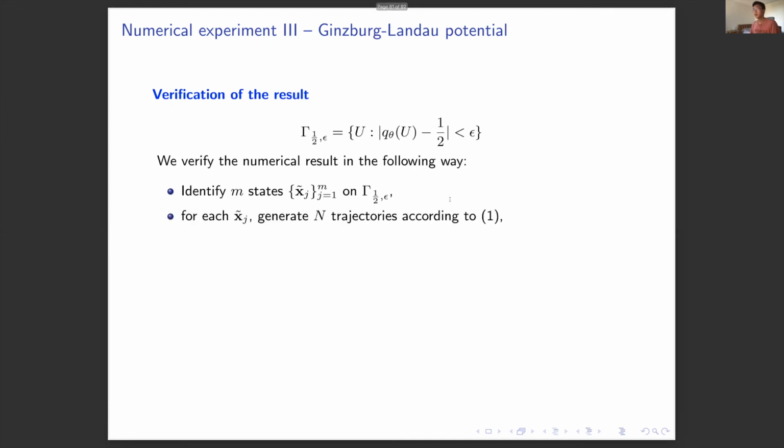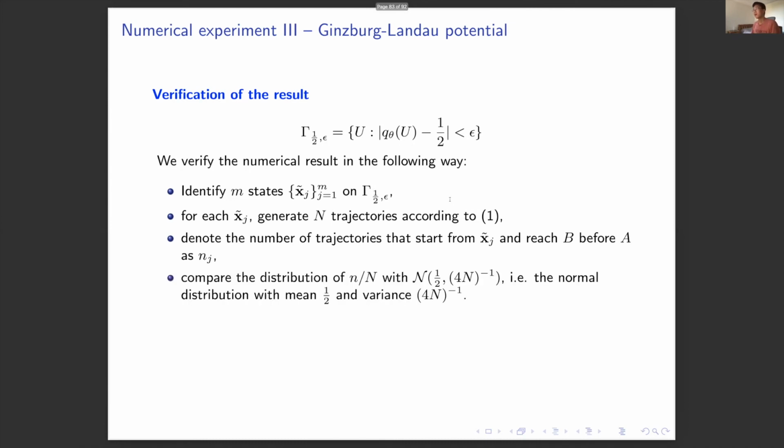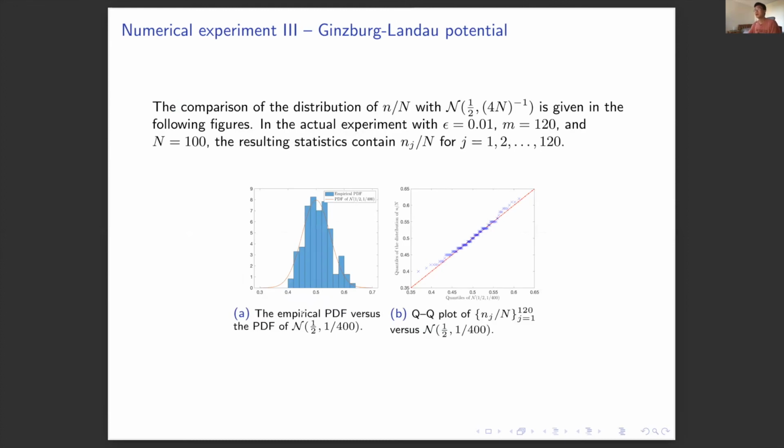And then for each state, we generate N trajectories according to the Langevin dynamics, and we calculate the number of trajectories that reach B before A. And we compare this distribution to the ground truth distribution, which should be approximately a normal distribution. So we can see that the empirical distribution is very close to the ground truth from this empirical PDF and the quantile plot.